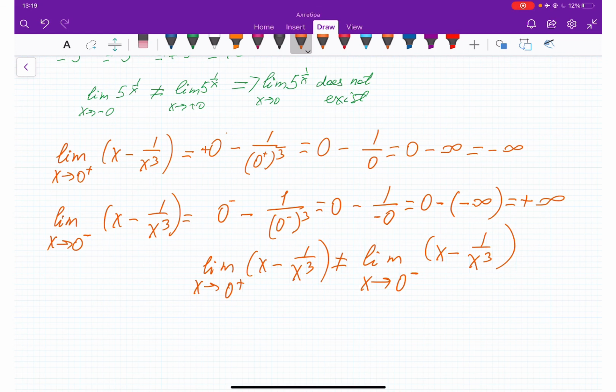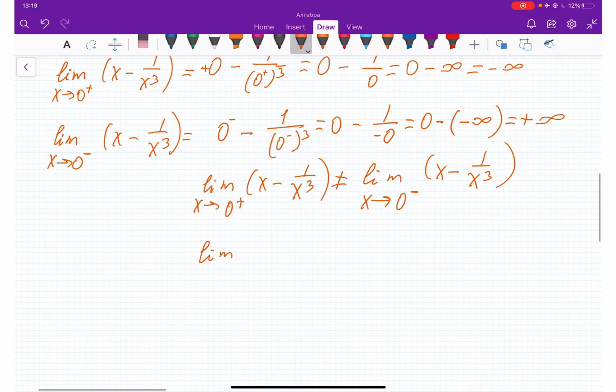Therefore, there is no limit. If the left side limit doesn't equal the right side limit, then the limit as x approaches 0 of x minus 1 over x cubed does not exist.